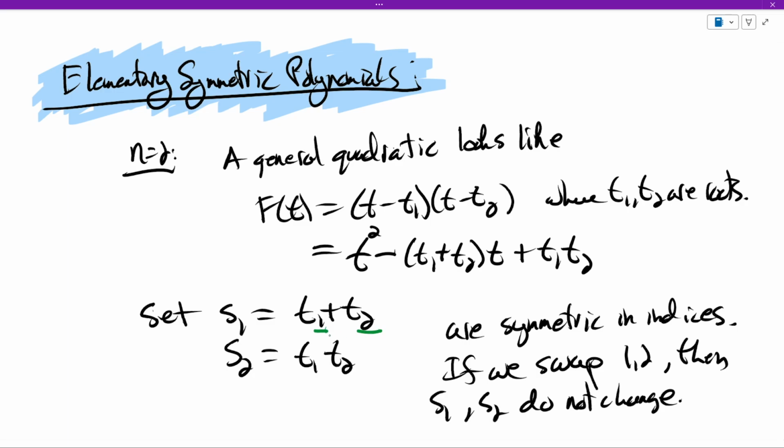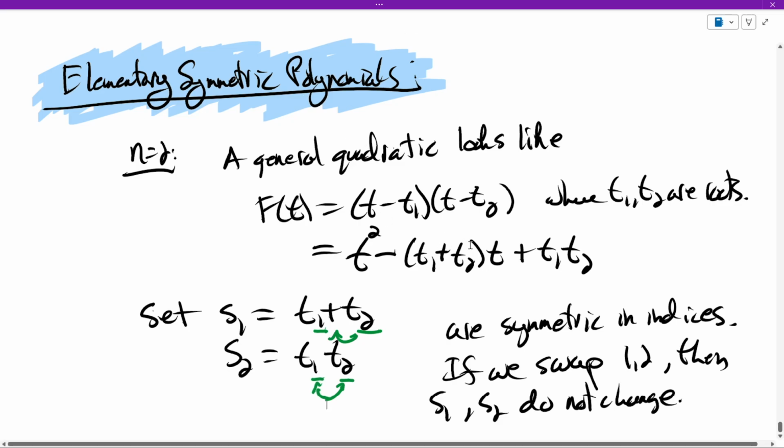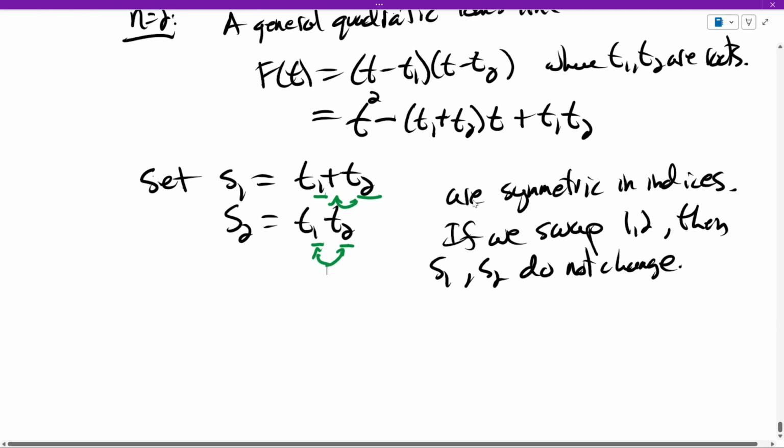If we interchange them, it's t2 plus t1, but that's the same thing as t1 plus t2. And similarly, if we swap the 1 and 2 here, we get t2 t1, but that's the same as t1 t2. So the coefficients of the corresponding quadratic are symmetric polynomials in the roots.